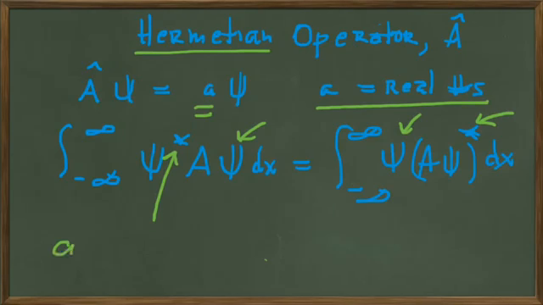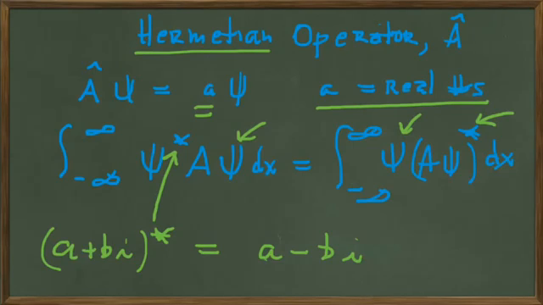The asterisk stands for the complex conjugate, and a complex conjugate means that if you start with a complex number and take its conjugate, you turn it from a plus bi to a minus bi.